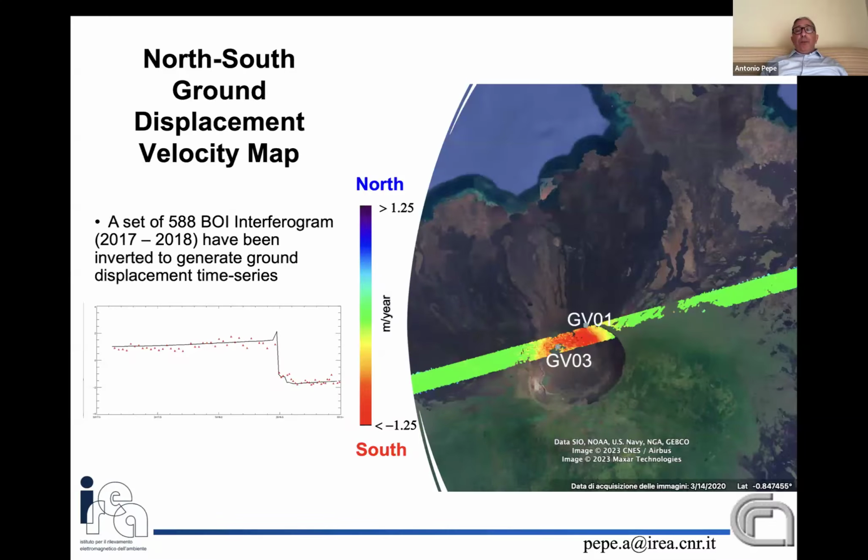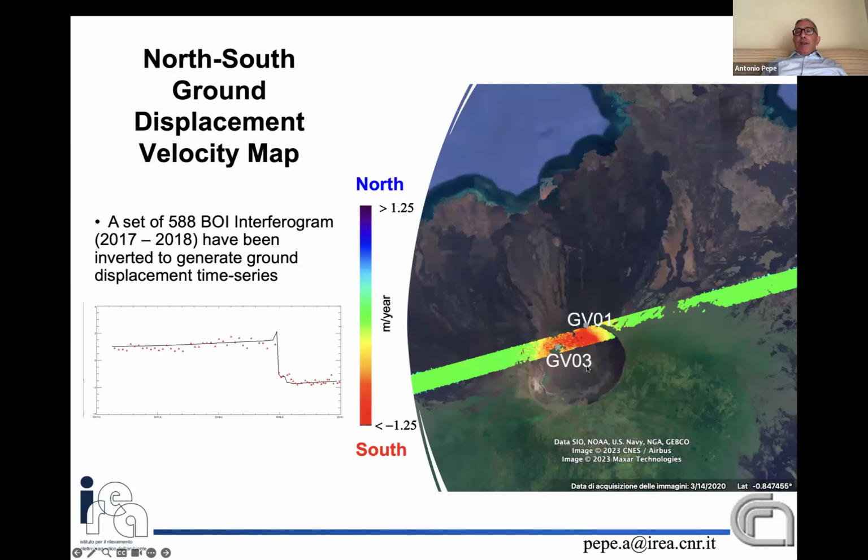As we can see, the north-south ground displacement map is very clear. So this is the overlapped region between two consecutive bursts. So we were lucky, and we can recover here the north-south ground displacement with relatively good precision.